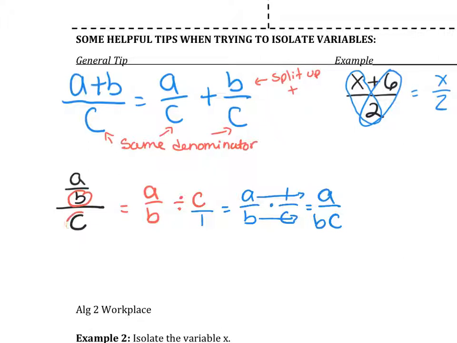So if you notice, both the B and the C were in the denominator, and then they both end up being in the denominator too. So whenever you have a fraction divided by something, the denominators will just end up being multiplied in your final simplified version.